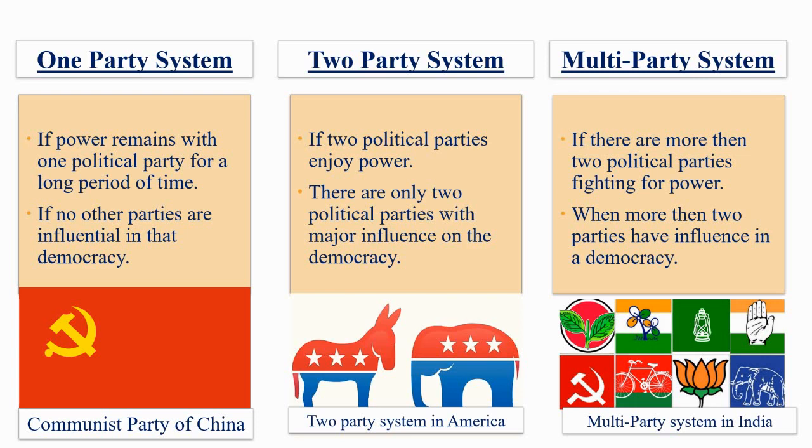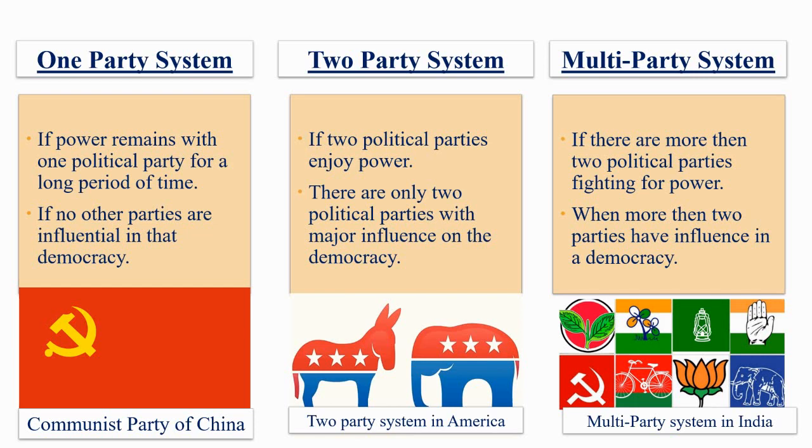Two party systems basically means where only two major political parties have influence in a democracy and they enjoy power alternately with no other opposition parties fighting for it. One example of two-party system is found in America.